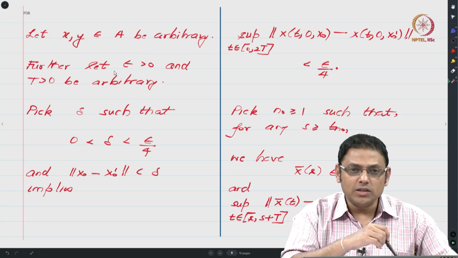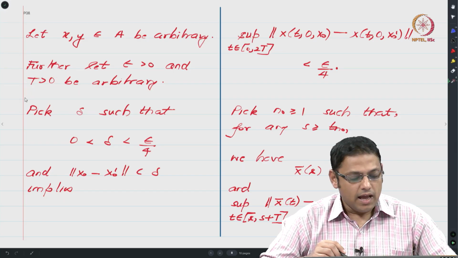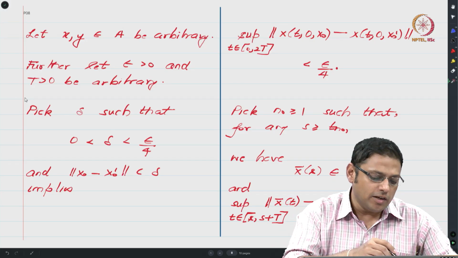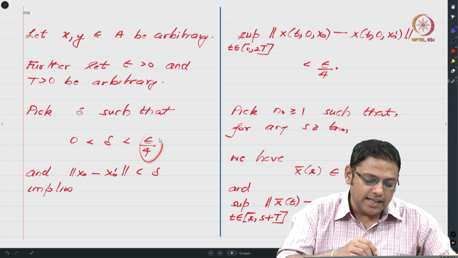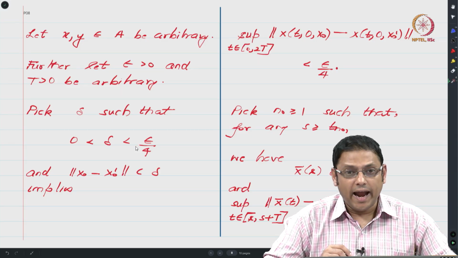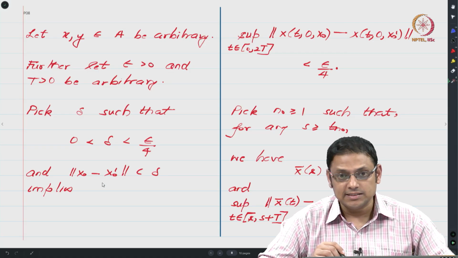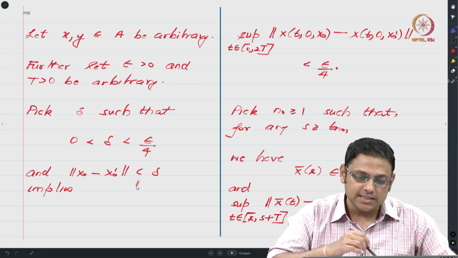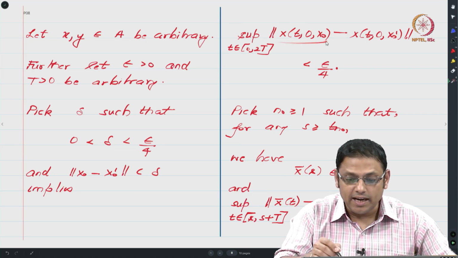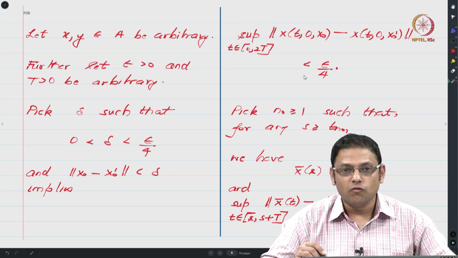Formally, we will pick some arbitrary epsilon and t greater than 0, and we will pick some delta such that delta is strictly less than epsilon over 4 and has the property that if you choose two initializations x0 and x0 prime which are delta distance away, then the solution trajectories started at x0 and x0 prime within this window are epsilon over 4 away.